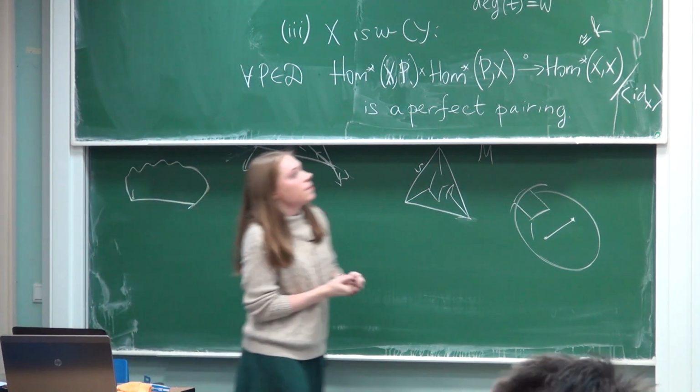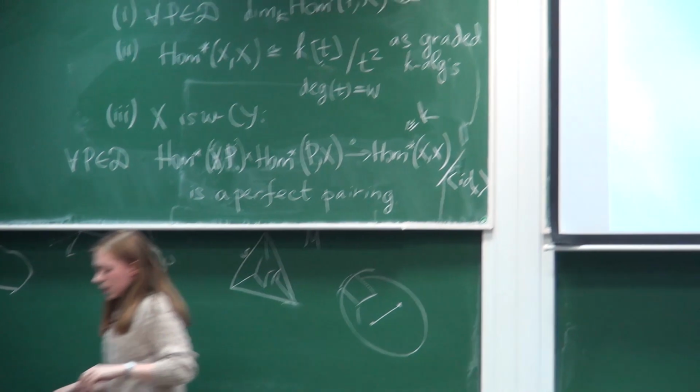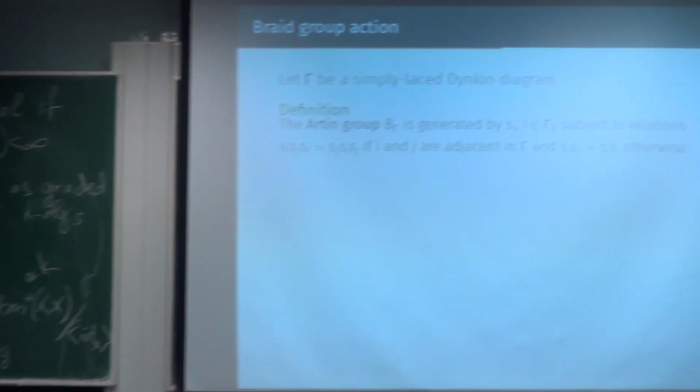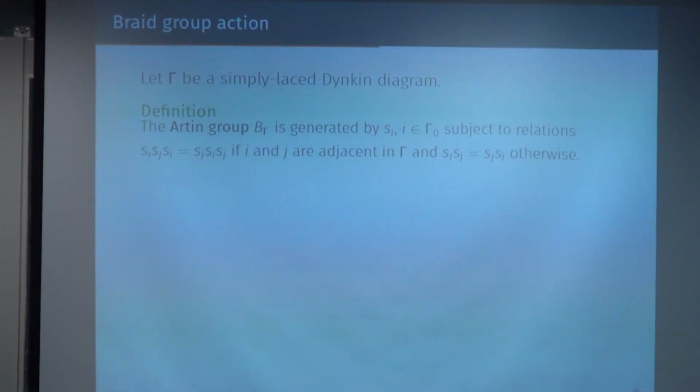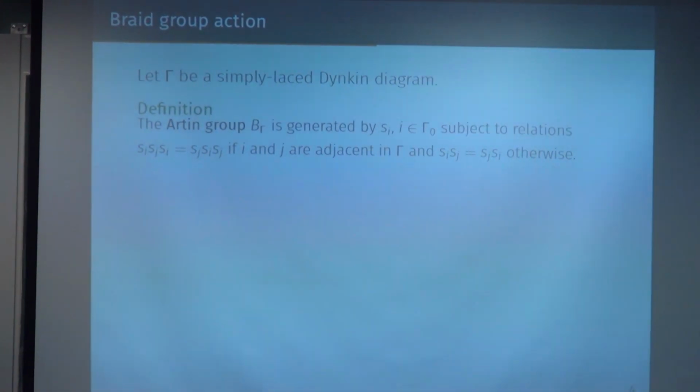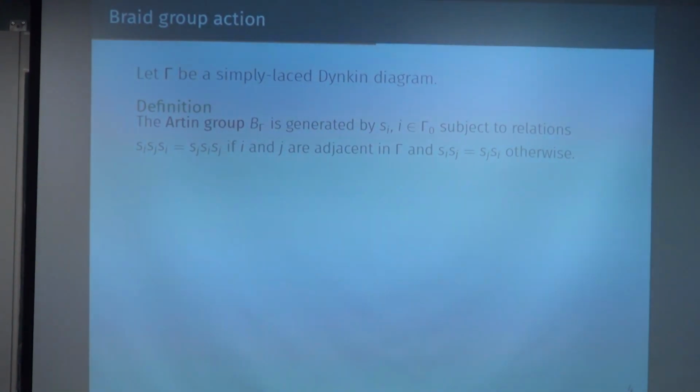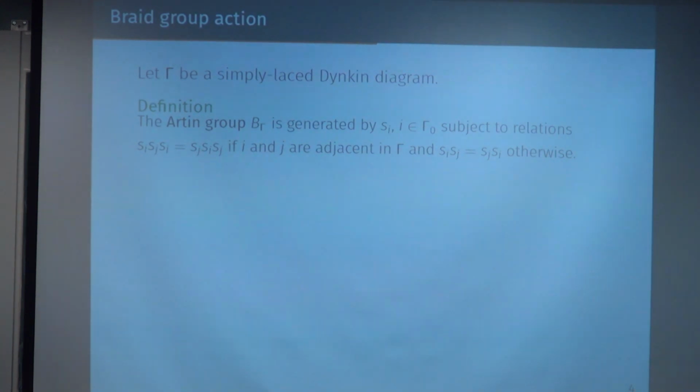Now let gamma be a simply laced Dynkin diagram, and we can define the Artin group of type gamma, or the generalized braid group, which is defined by generators and relations in the following way. So for every vertex of gamma, we have a generator s_i for every vertex i.